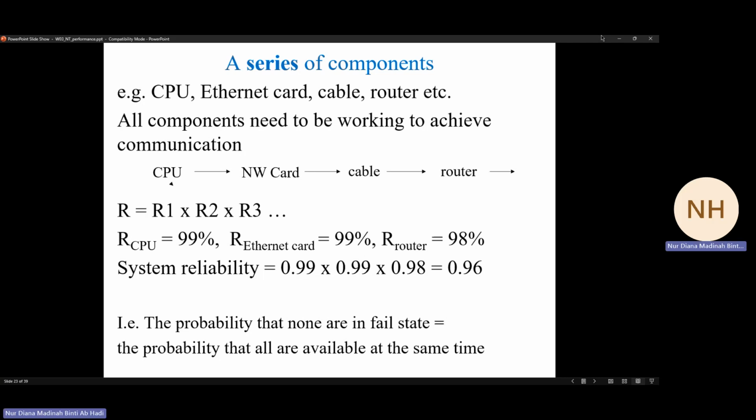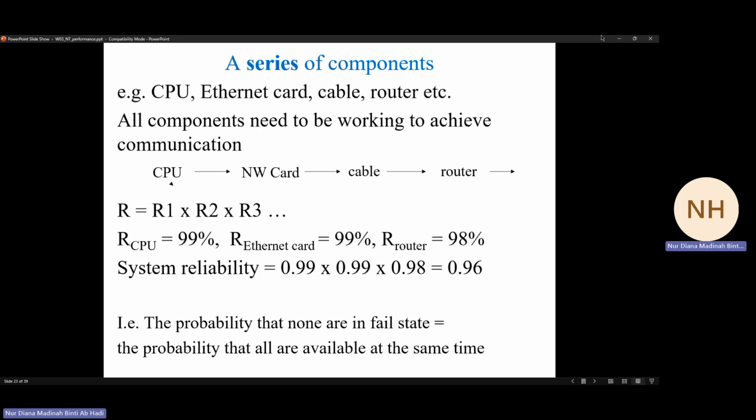So, a series of components. These components can refer to your CPU, Ethernet card, cable, routers, and so on. All of these components need to be working to achieve the communication. For example, your CPU needs to communicate with your network card, which needs to be connected to your cables, which need to communicate with your routers.